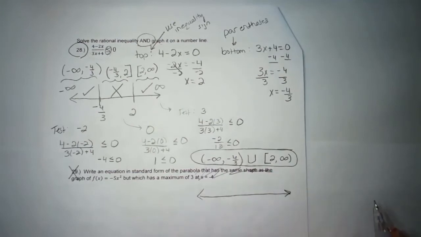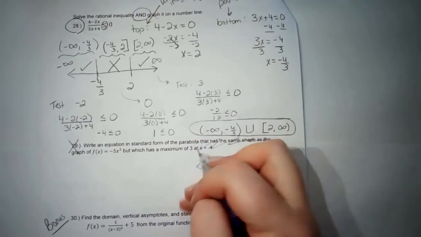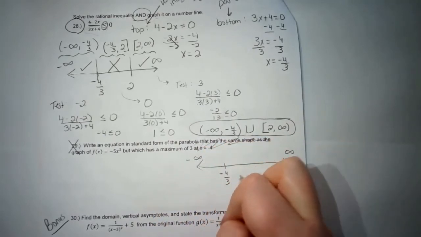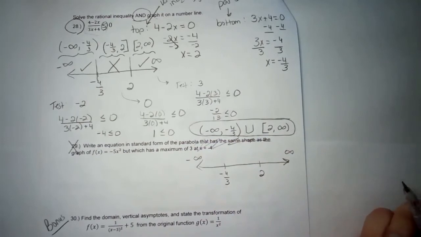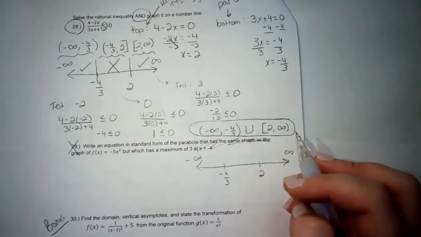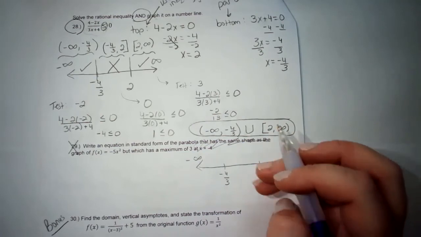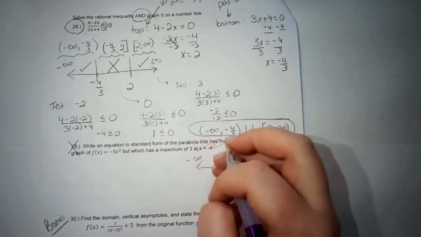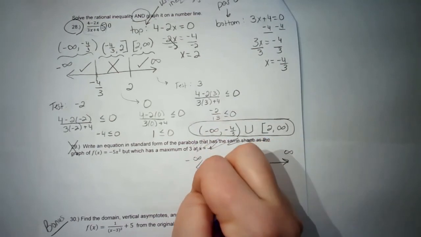So to graph this one, all we're going to do is put these numbers back on our number line. And then we're going to put our little enclosures with them facing the right way. So for the -4/3, he's got a parenthesis facing this direction.